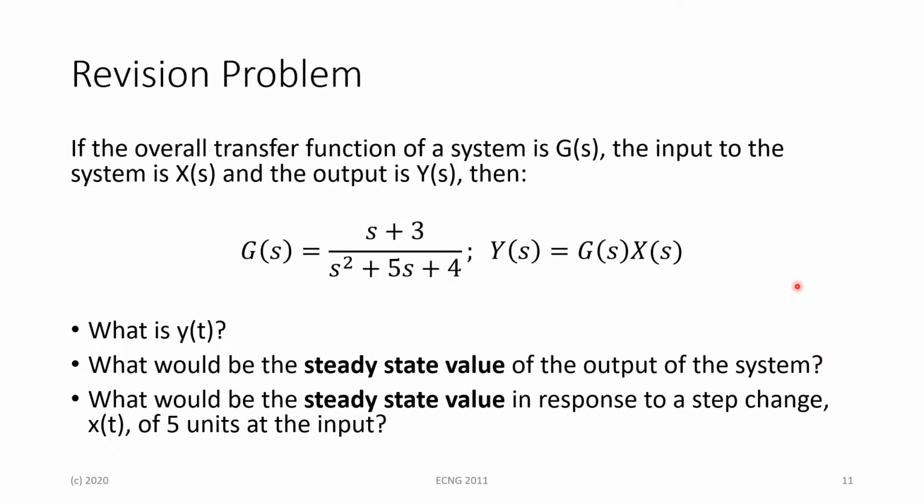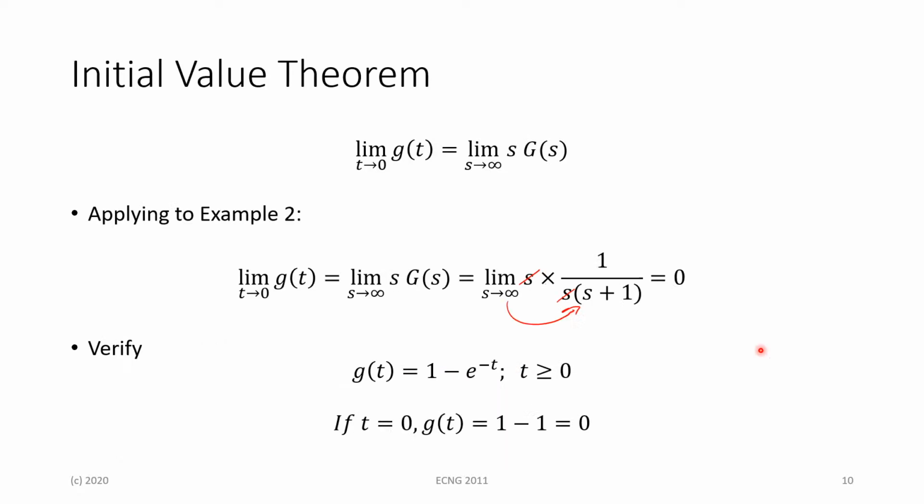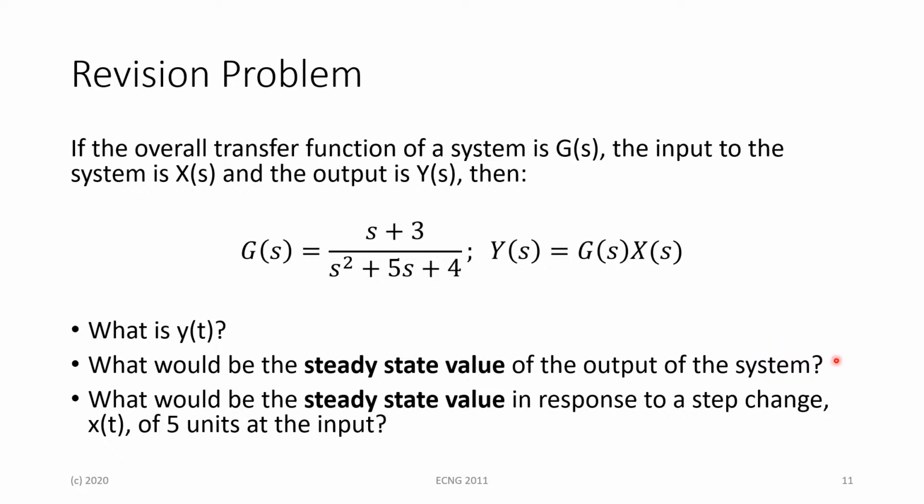The first step when you're evaluating this is basically evaluating the limit as s tends towards 0 of s y of s, because you're trying to figure out the steady state value. So this is as t approaches infinity.